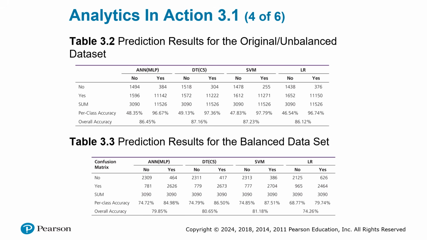For example, in the unbalanced data set, 87.23% is higher than others, like the support vector machine method. So the support vector machine method is better than all the other methods. In the balanced data set, 81.18% in the support vector machine, SVM, is higher than the others. So you can easily say which method is more beneficial for you.